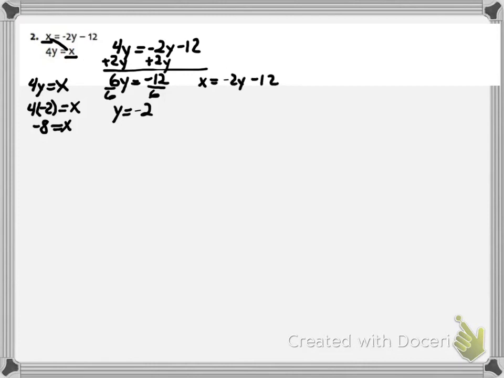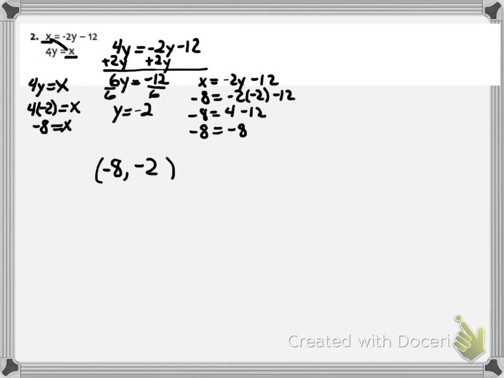So I'm going to plug in negative 8 has to equal negative 2 times negative 2 minus 12. And negative 8 has to equal positive 4 minus 12. And positive 4 minus 12 is negative 8. So this works in both equations. So therefore, my solution is negative 8, comma, negative 2.